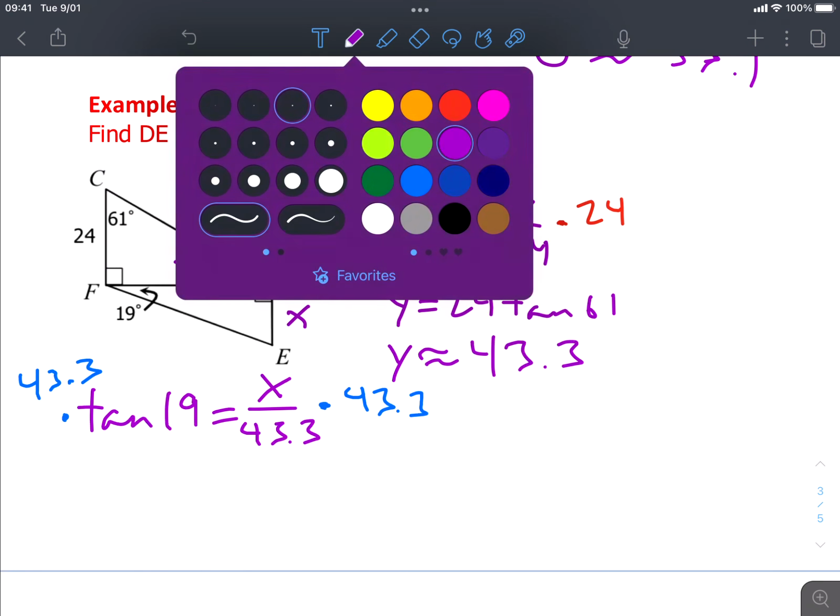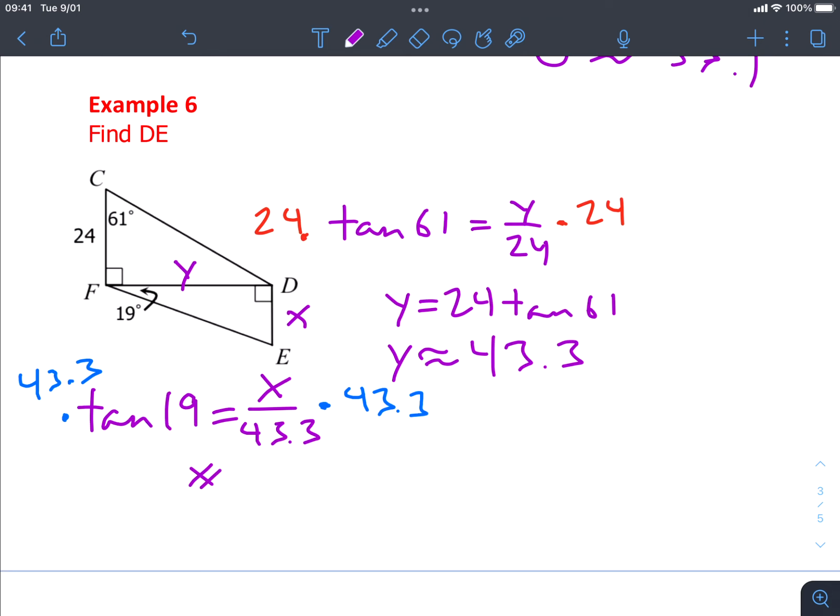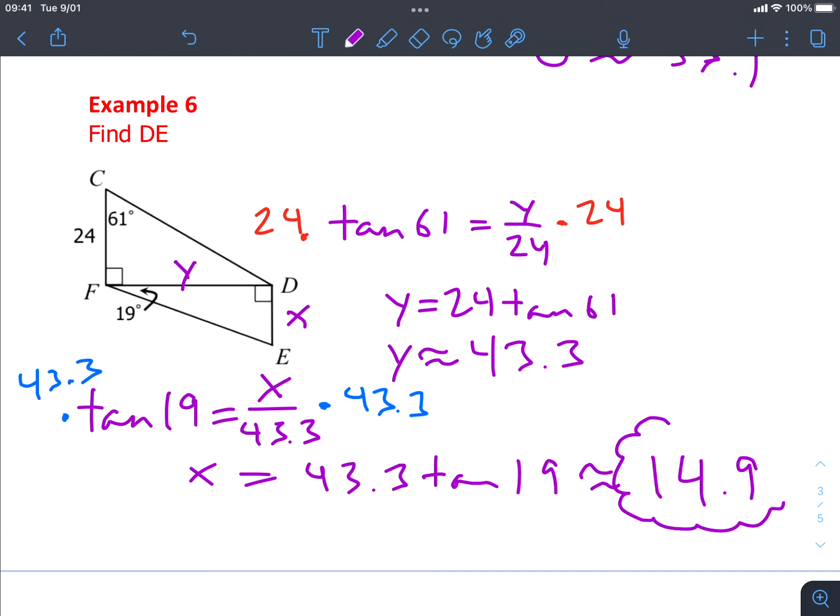So x is equal to 43.3 times the tangent of 19 degrees, which is approximately 14.9 units long. So that, my friends, is our final answer for DE.